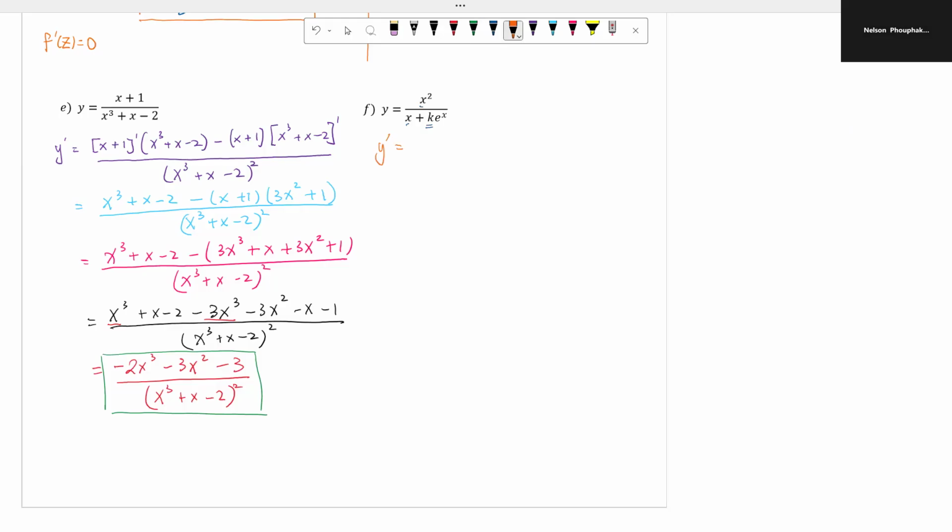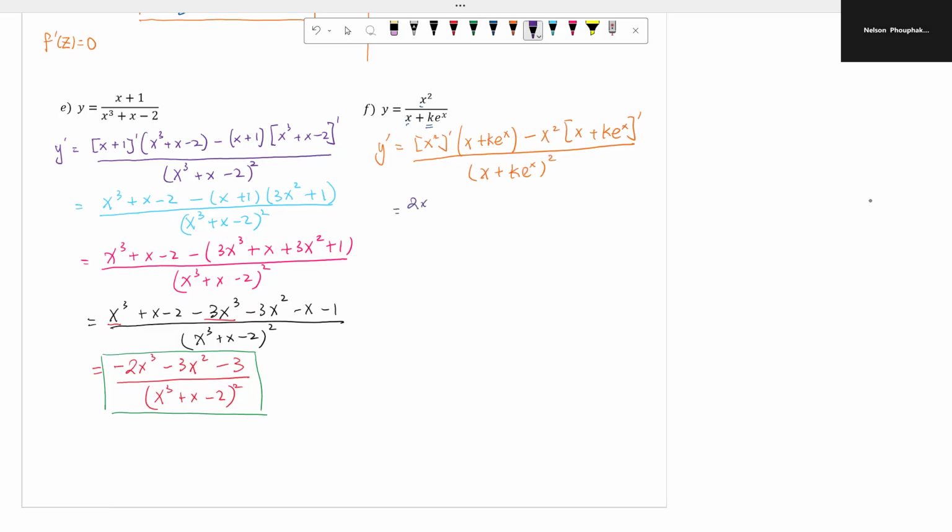Then let's see. Y prime is the derivative of x squared times x plus k times e to the x minus x squared times the derivative of x plus k times e to the x, over x plus k times e to the x squared.